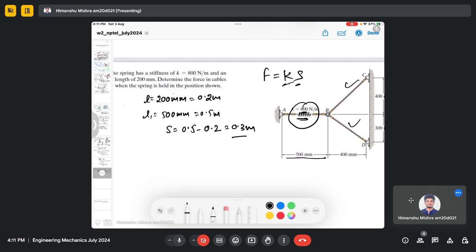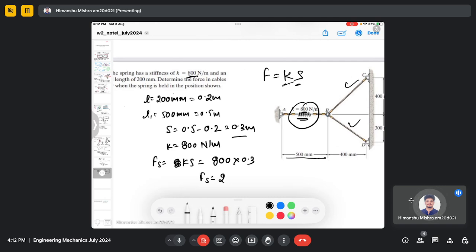So this is the S, and we are given K, which is 800 Newton per meter. So the spring force will be Ks, which is 800 multiplied by 0.3. So your spring force will be 240 Newton.